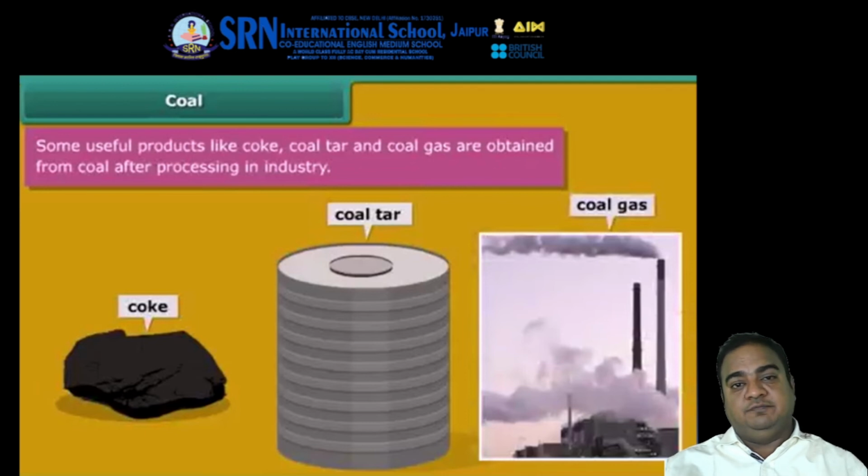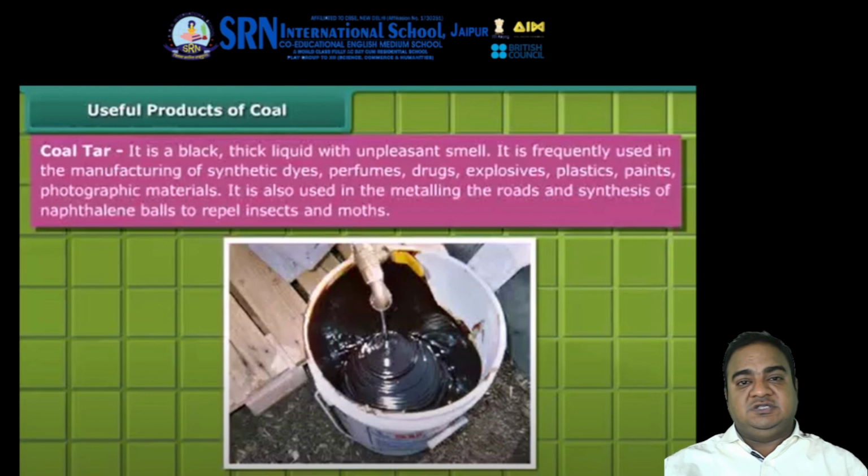It is also a very important reducing agent. It means that it is used to remove oxygen from metals and to convert metal oxides into metal. Now let us discuss some useful products of coal.